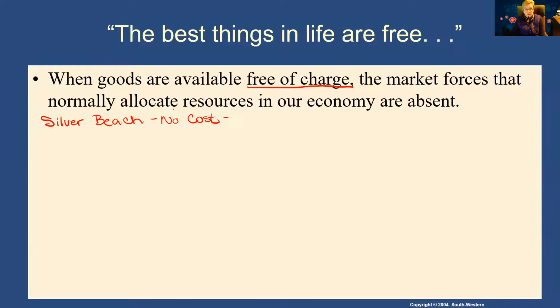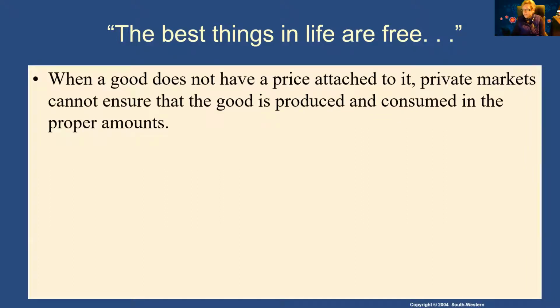But the problem is maintaining it. Who was really maintaining it? The residents of St. Joe. So basically the residents were paying for others' enjoyment. And we're going to talk about that in a few minutes. We call that the tragedy of the commons.